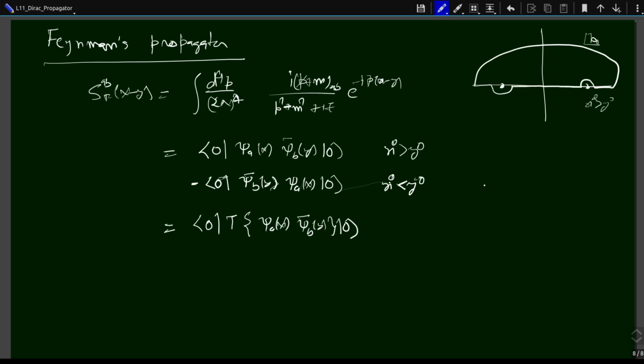This time ordered product is very important for causality. An extra thing that happens for fermions is that when you change the order, the notation for the time order operator is that whichever order it is written in comes with a plus sign, and any swap that we need to maintain the time order will each take a minus. Okay, so if you have an even number of swaps, then it is a plus sign again. Here only two fields are there, but in general we can have more than two fields.